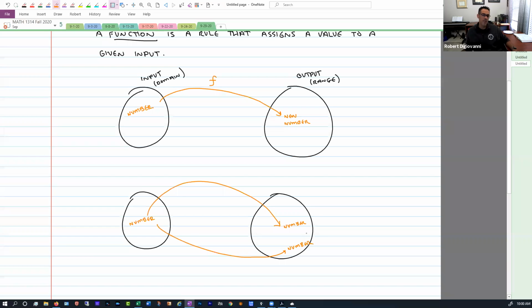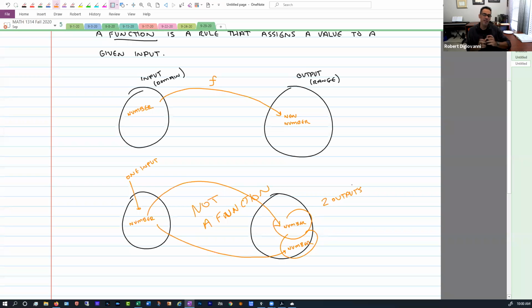That would be like you driving your car into the car wash, and coming out the other side with 2 cars. That's not going to happen. And so this is not a function. The reason why is because we had one input, and then here we had 2 outputs, and that does not qualify as being a function.